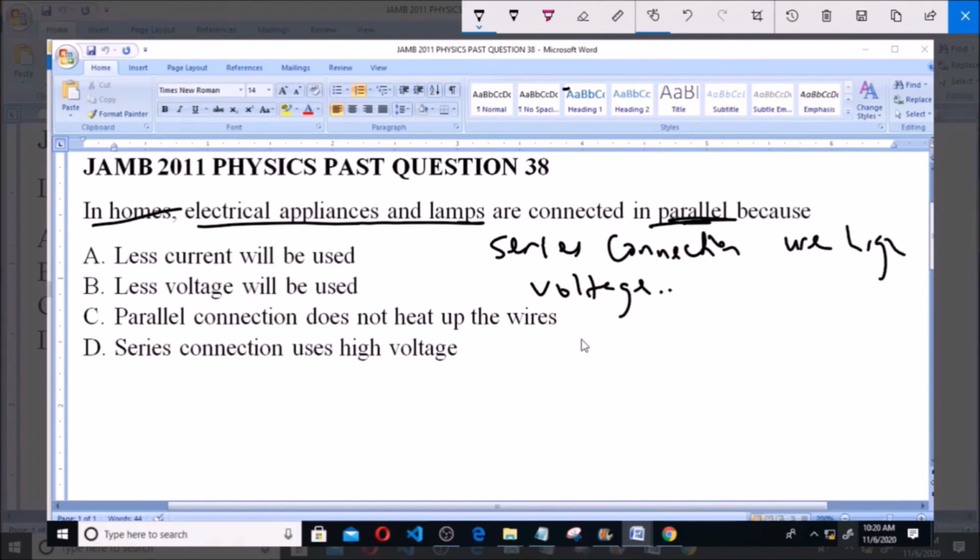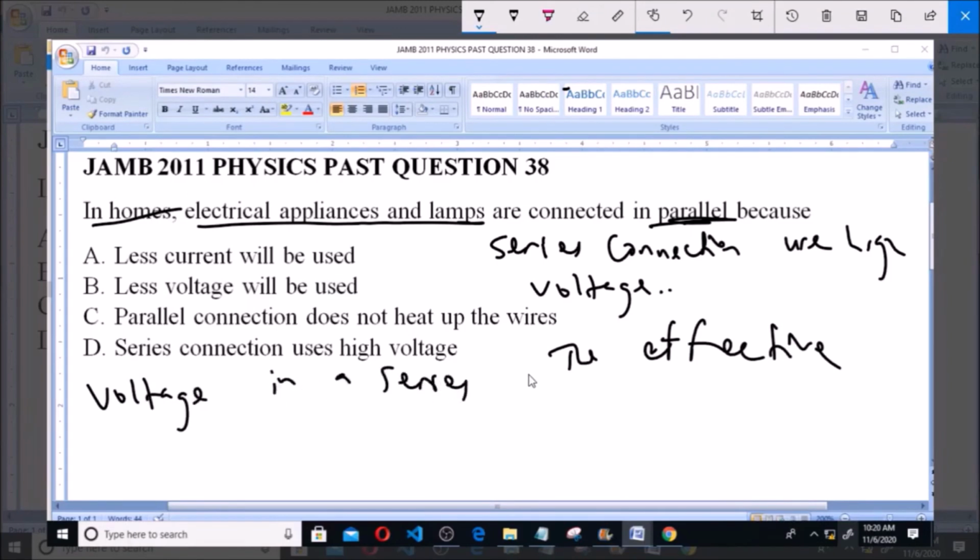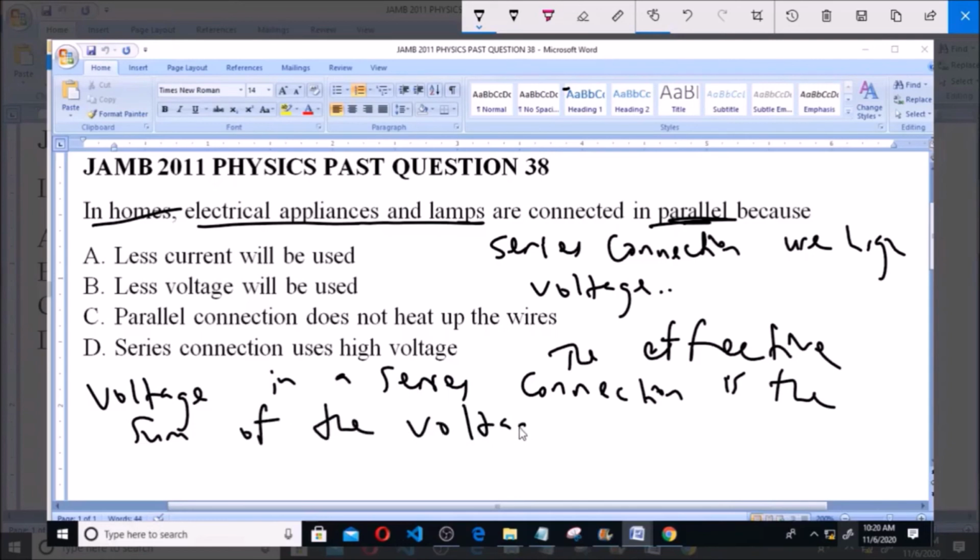Now this is because when they are connected in series, the effective voltage in a series connection is the sum of the voltage of the individual appliances.